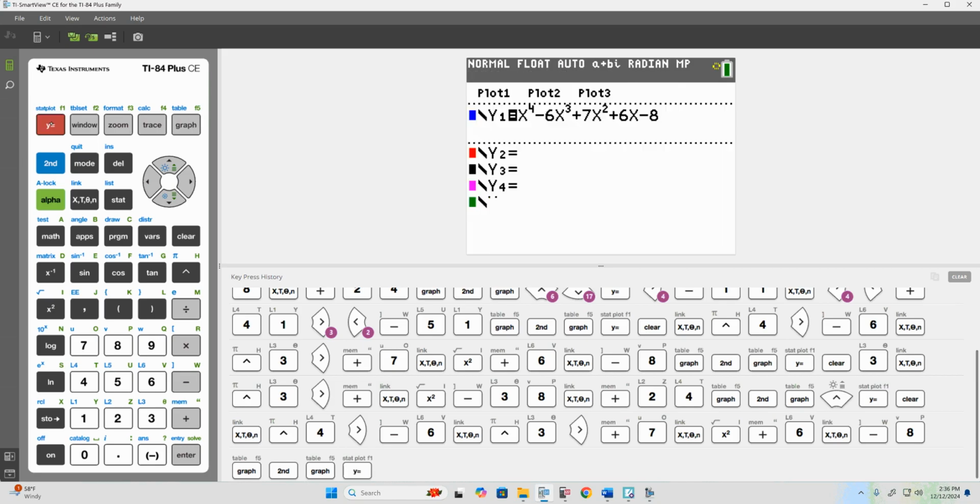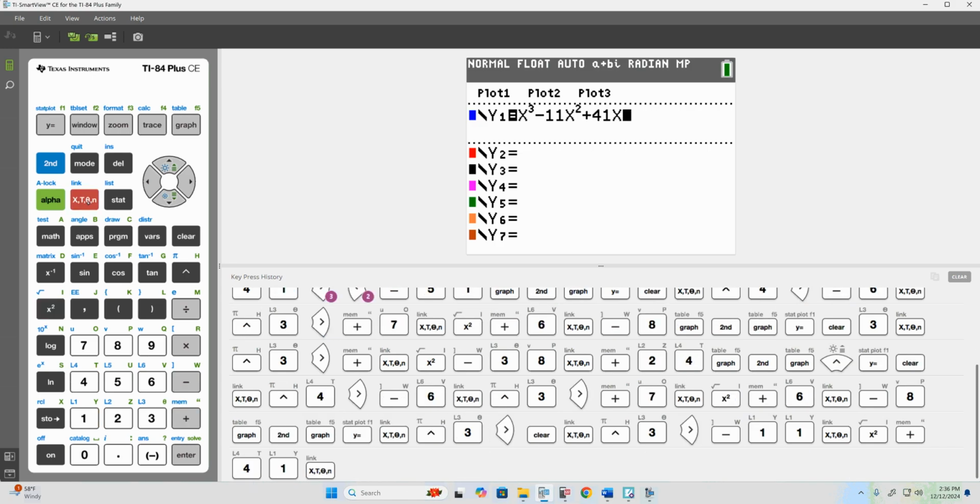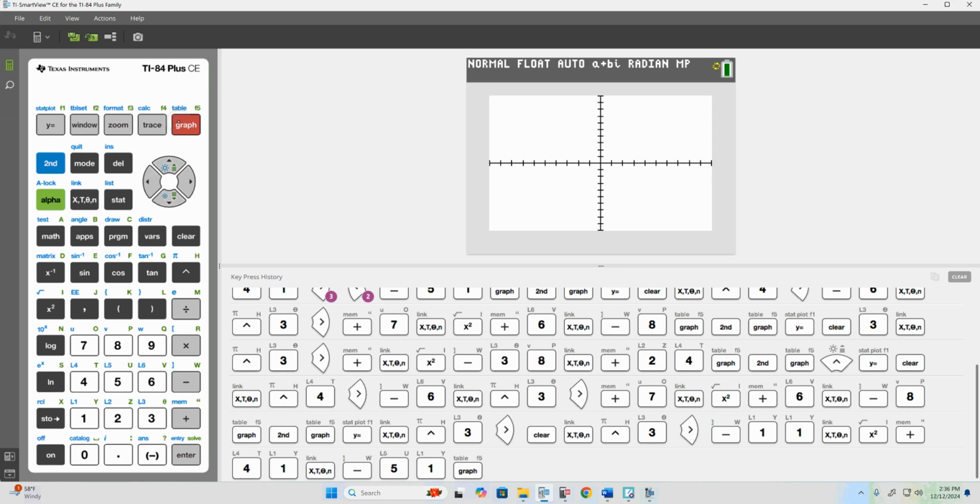31, the first place I'd start with 31 is plugging it in. X to the 3rd, okay, well, let's just clear all that out. X to the 3rd minus 11x squared plus 41x minus 51. Because we're looking for at least one solution.